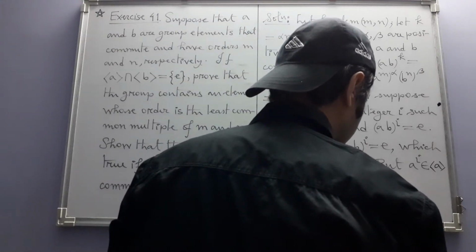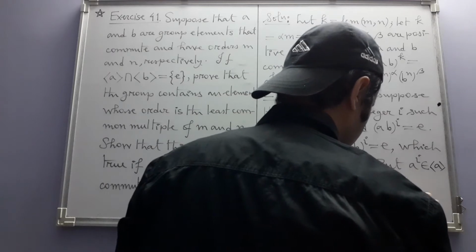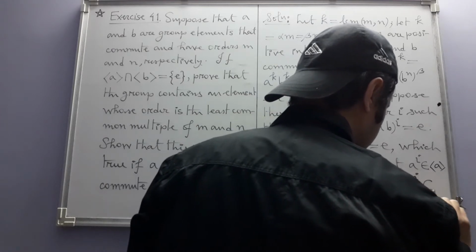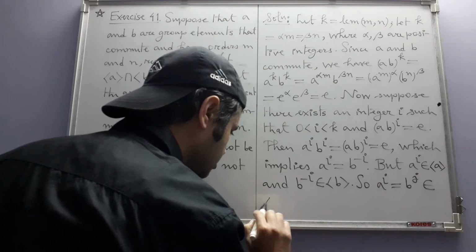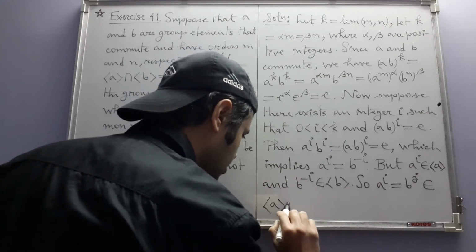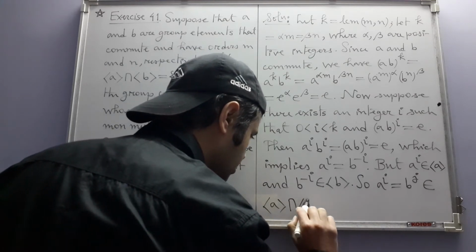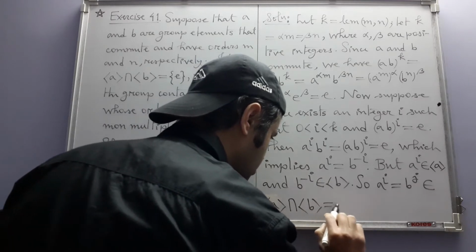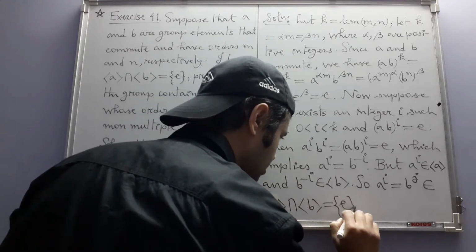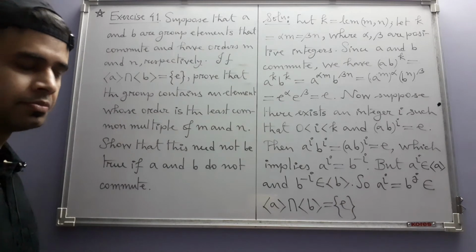So this common element belongs to their intersection, which is given to be the trivial group.